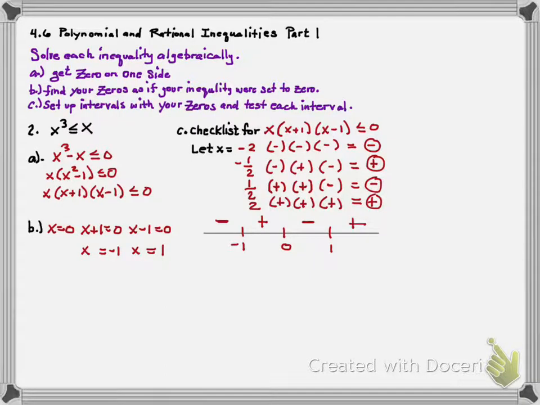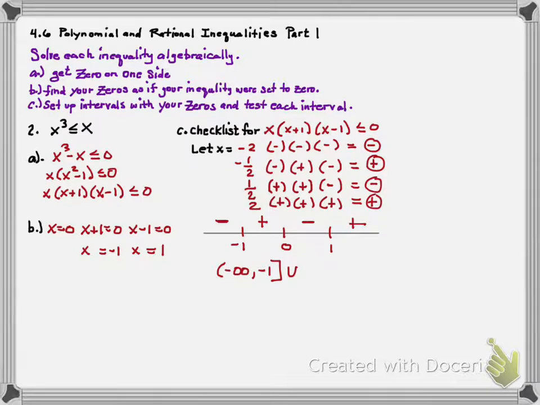Now I want all the values, by the way, I didn't do this in the last example, but I want to make sure that we get the values that are less than or equal to 0. Since it's got the equal to symbol there, we will be using brackets for this example. So that's going to be from negative infinity to negative 1, bracket on the negative 1 because it's less than or equal to 0, and then also the values between 0 and 1.